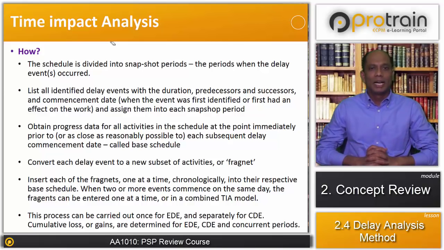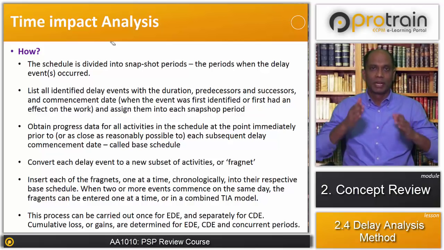List all the identified delay events with duration, predecessor, successor, and commencement date, when the event was first identified or first had an effect on the work, and assign them to each snapshot period.